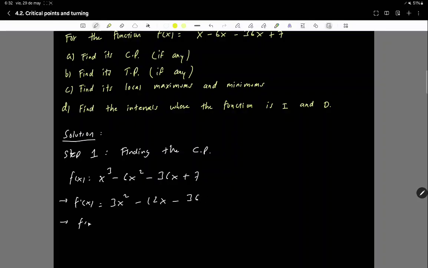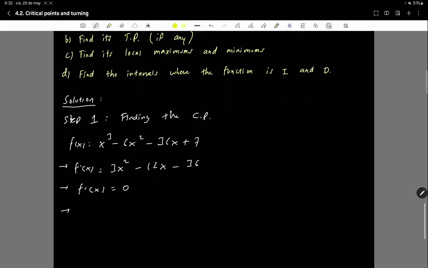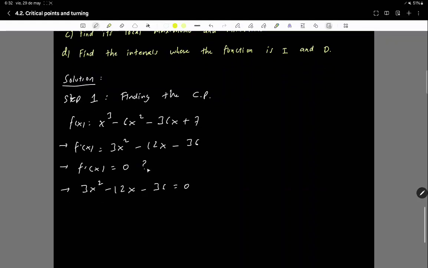And then I'm gonna make immediately that derivative equal to 0. What does that mean? Since the derivative is all of this, I'm gonna write 3x squared minus 12x minus 36 equal to 0. And basically, this is a question that I'm posing. You should understand this equation as a question.